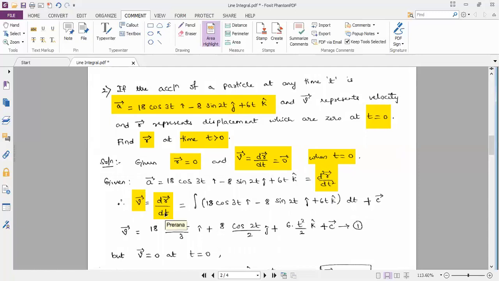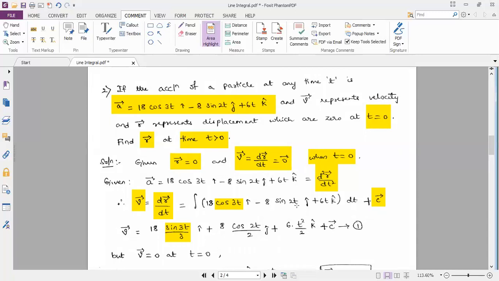So dr by dt is the integration of 18 cos 3t i minus 8 sine 2t j plus 6t k dt, plus the constant of integration, say vector c. So velocity v is equal to 18 into the integration of cos 3t, which is sine 3t divided by 3, minus 8 sine 2t.